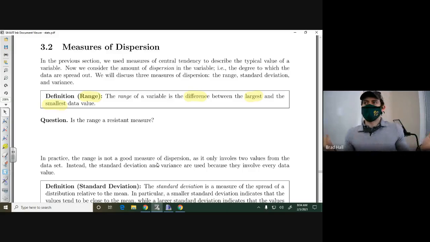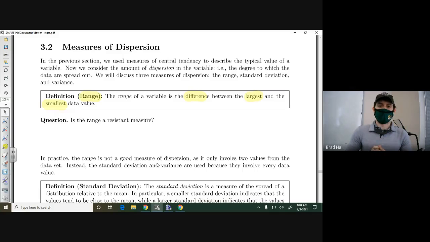You measure all of your data, or you collect it all, you find your smallest one, you find your largest one, you subtract one from the other, you get an answer, that's the range. And this tells you the dispersion of data relative from the smallest possible point to the largest possible point. So you're all familiar with how to compute the range, so I'm not going to spend any time on that.